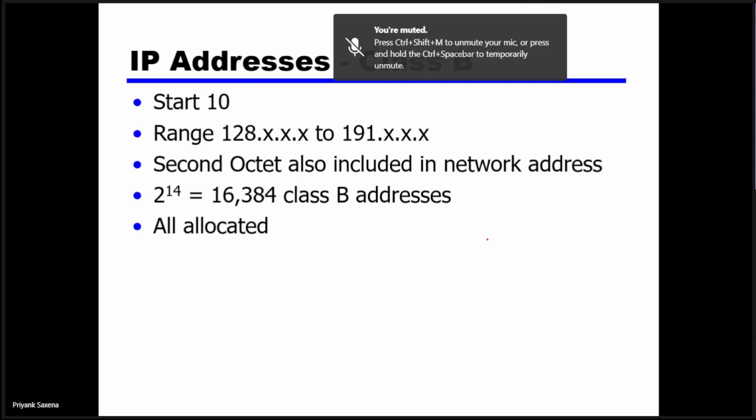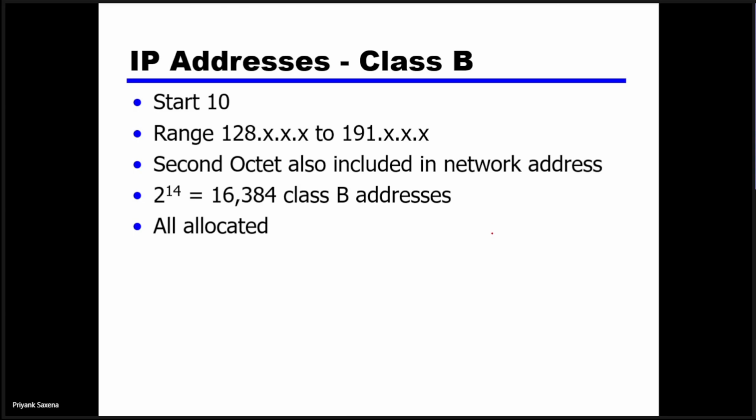But 4 billion was not a small number that we would soon get depleted of. The main reason for depletion of address space was that each device is assigned a unique IP address, so most of the addresses were not used and were wasted, right?